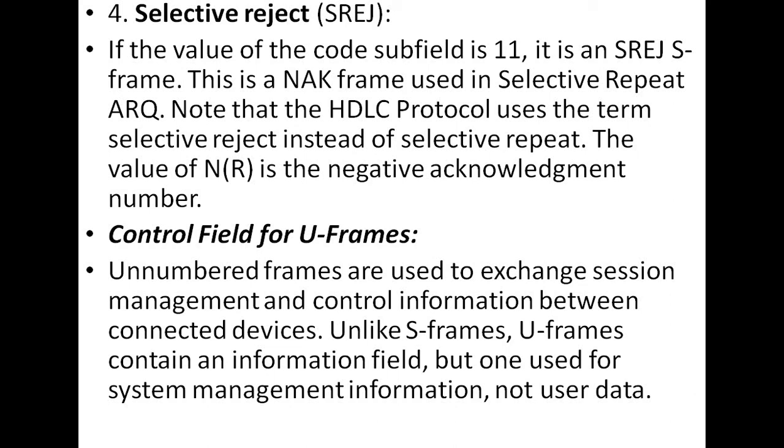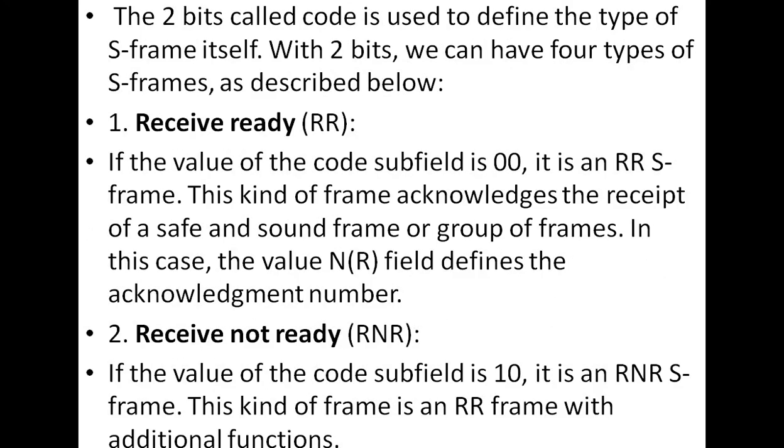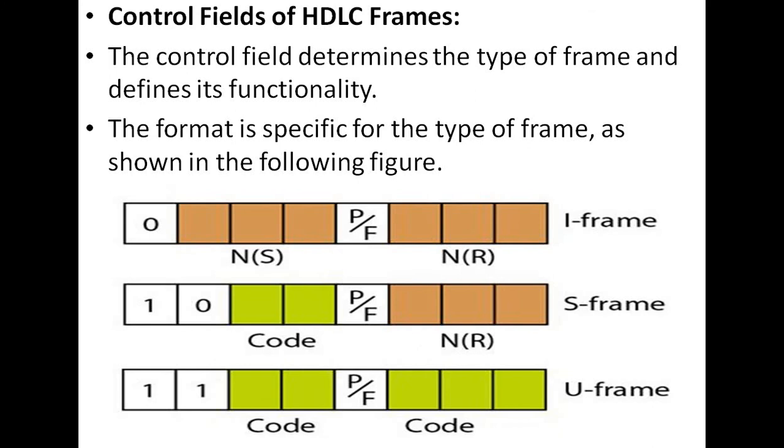Okay, so again, I may discuss the control fields. Why are we using the control fields? The control field determines the type of frame and defines its functionality. What are the different types of frames available? Three types of frames are available in HDLC: I frame, S frame and U frame.